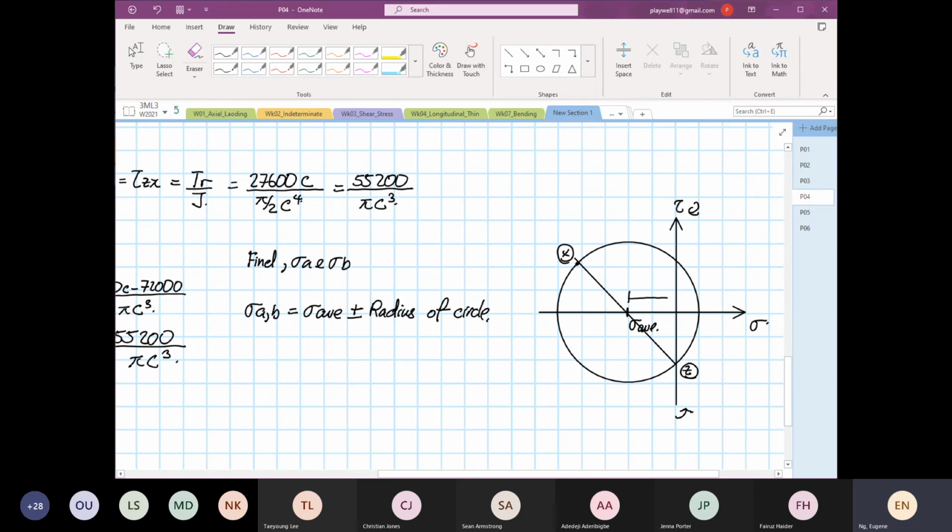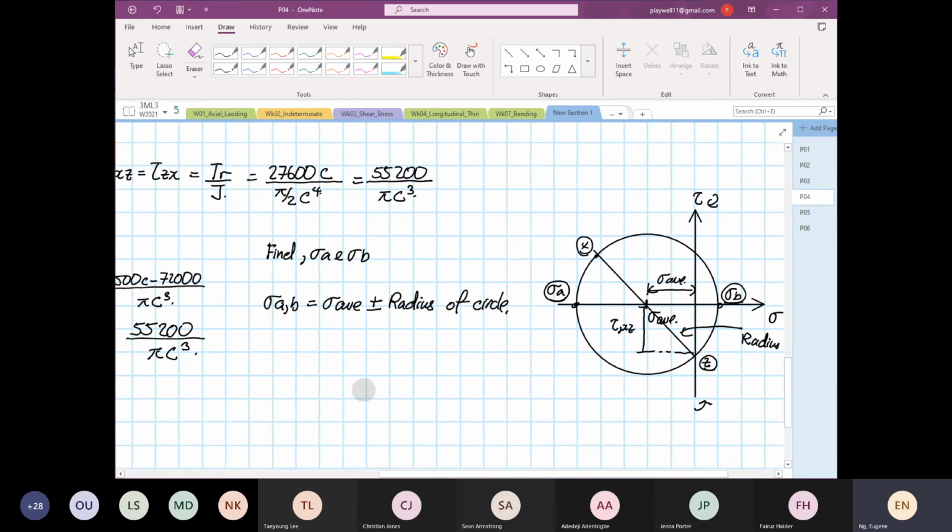Once we know this, we already know our tau xz, then we can find the radius. After knowing the radius, we can find our stress A and stress B. That's what we are trying to achieve here.